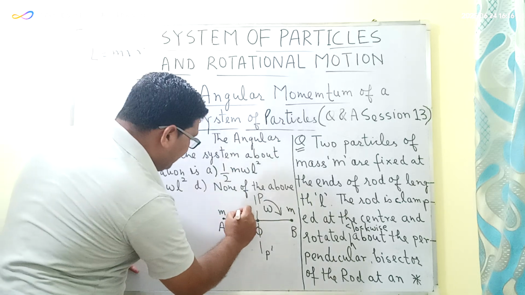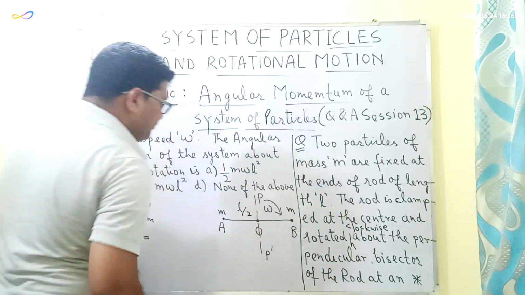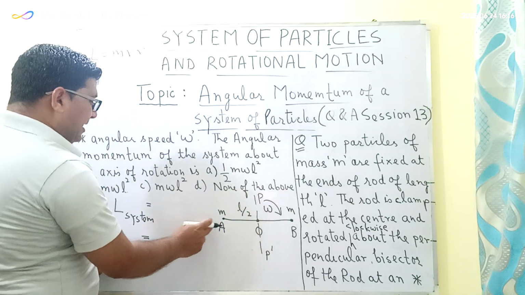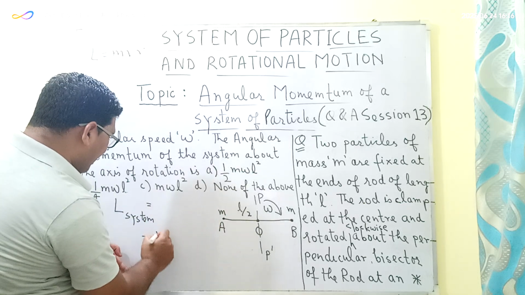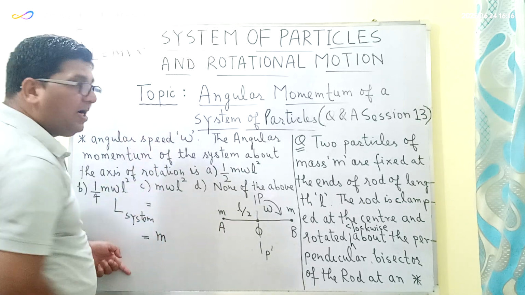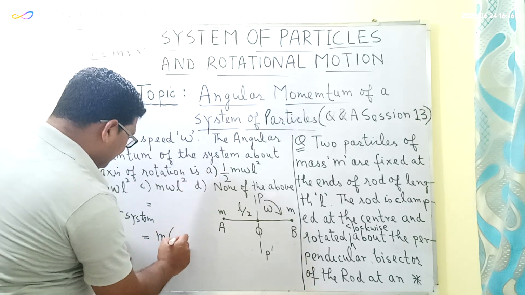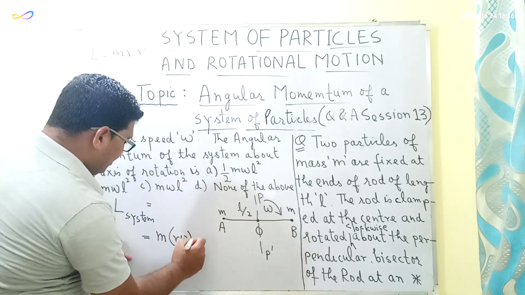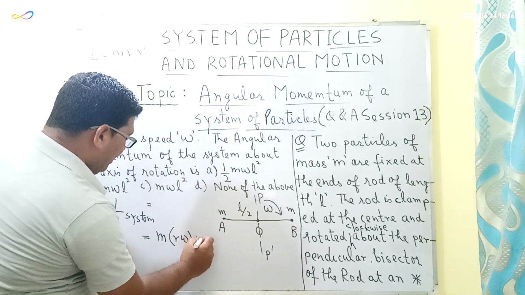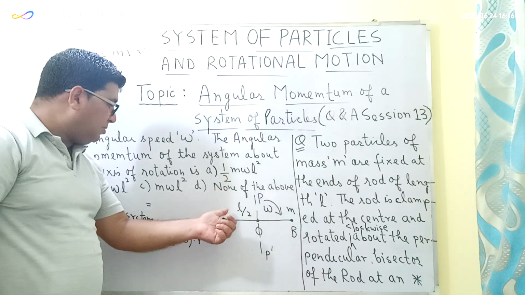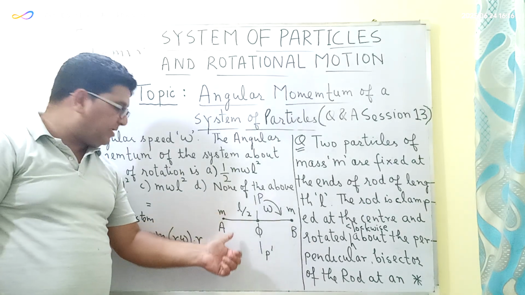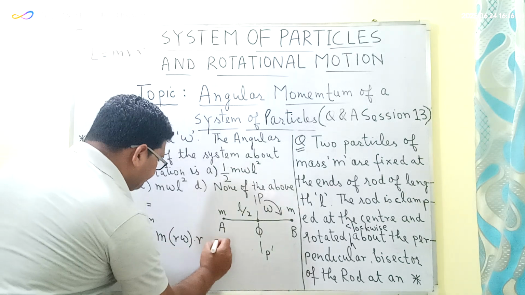In this case it will be equal to L by 2. So the angular momentum due to the particle of mass m at the point A will be equal to m, and v is equal to r omega, so m r omega into r.